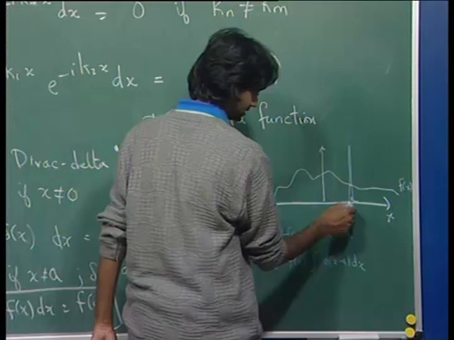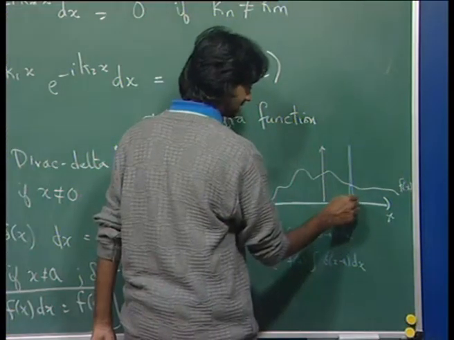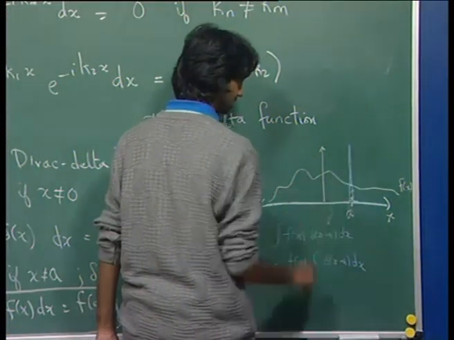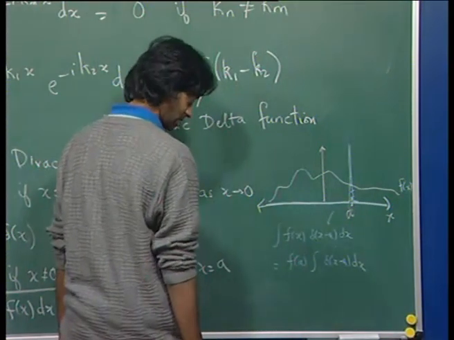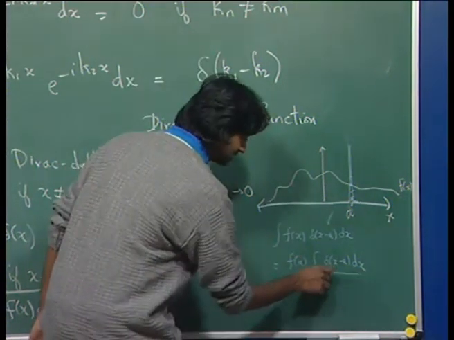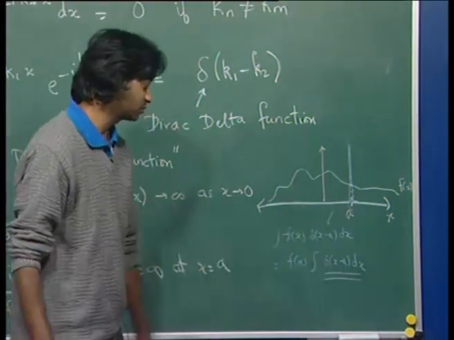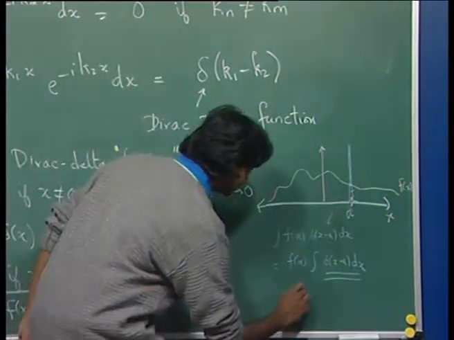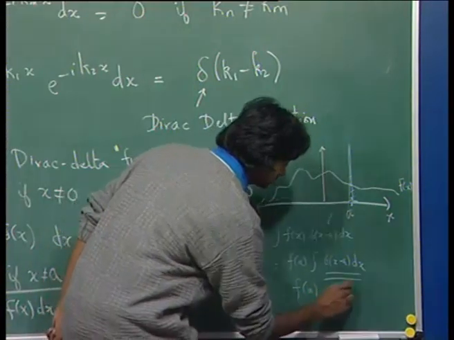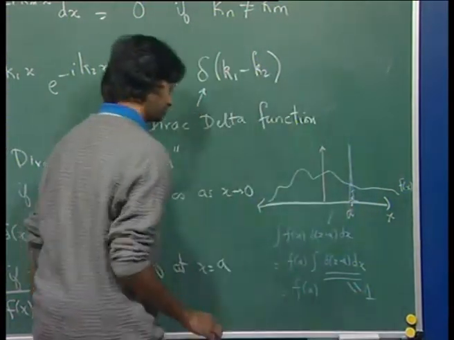The area under the delta function is chosen to be 1, so this is equal to f of a.